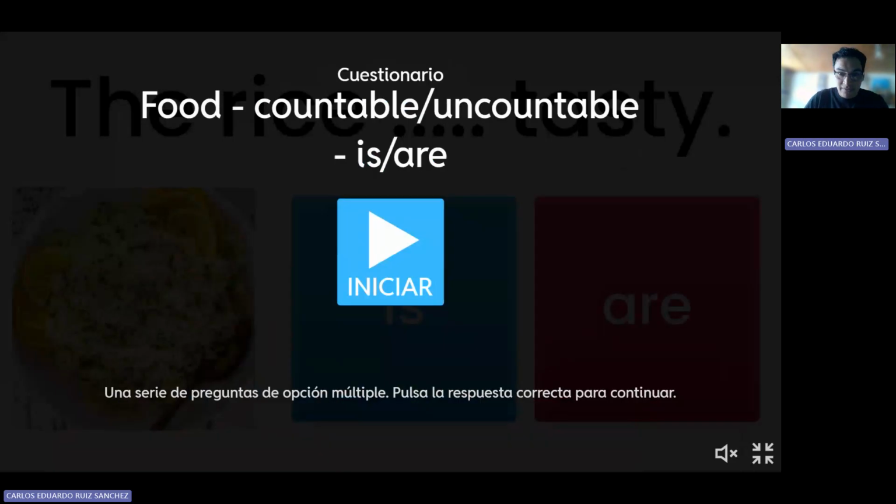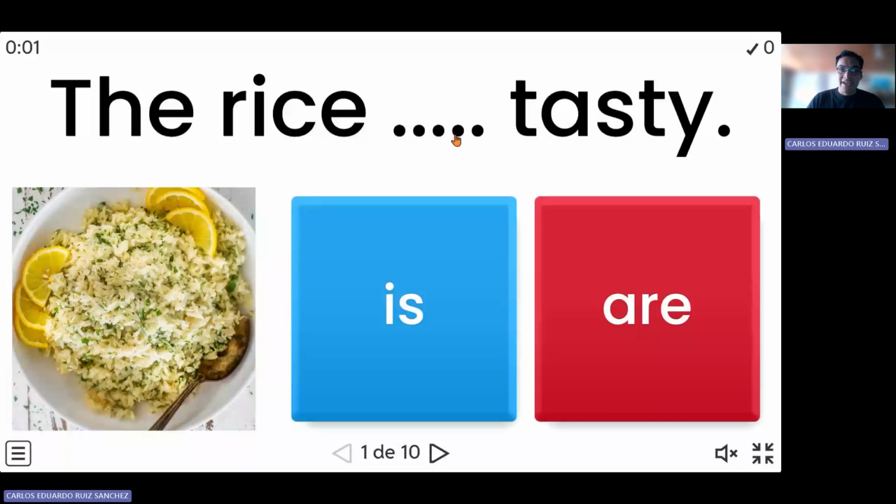We are talking about food, and we will review this topic like this. The rice tasty, okay? Is or are? We are using here just to be. Pay attention. We can count the pieces of rice, but not the entire rice. So the rice is.